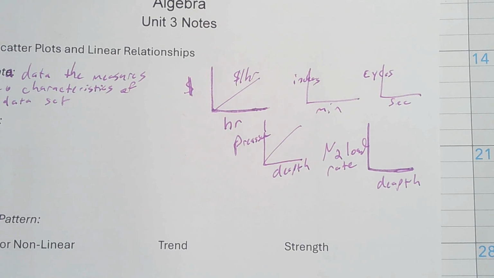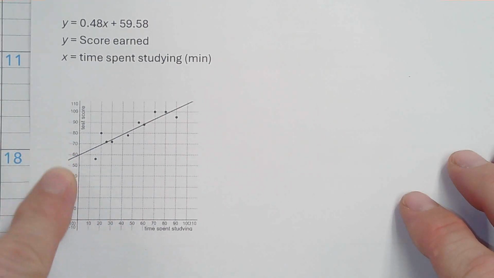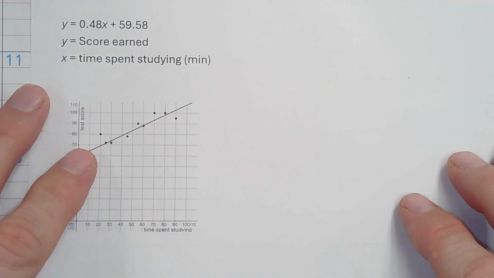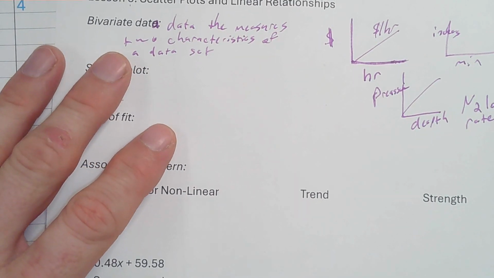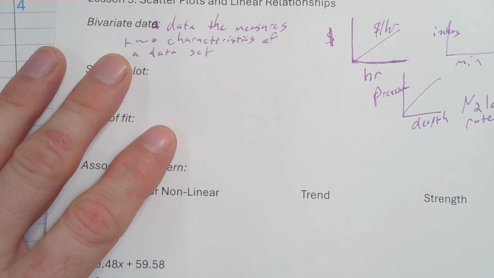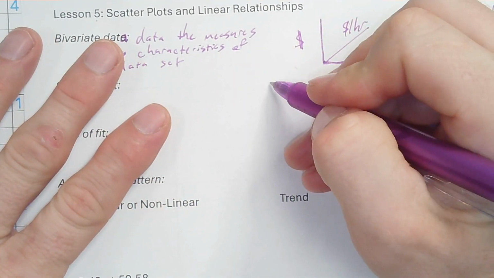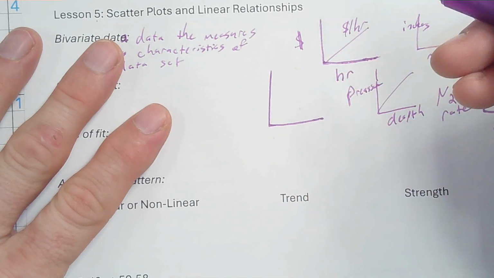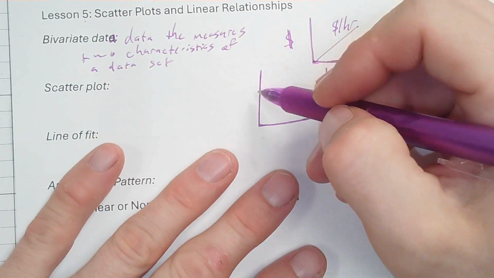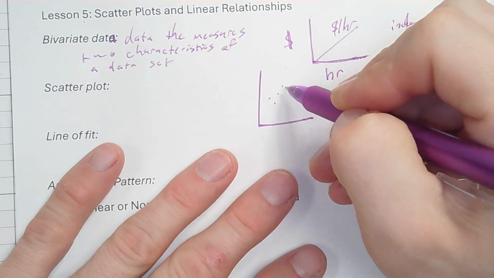Sometimes you're taking survey data, and you're asking about test scores based upon the time spent studying, or you ask something like the number of hours slept versus the average football game score or something like that, and you get data points like this, right?